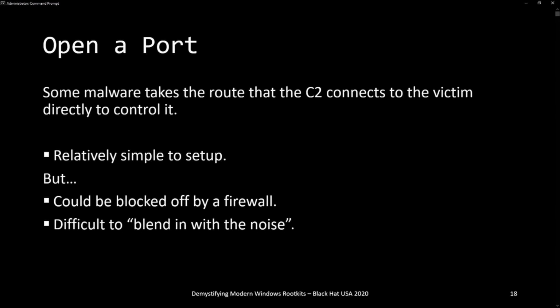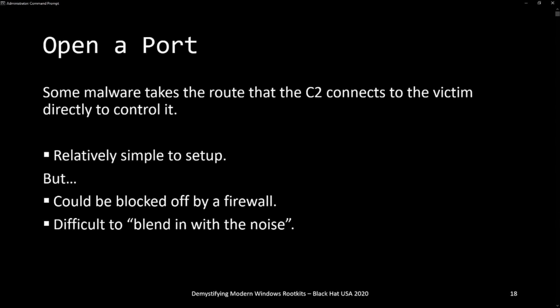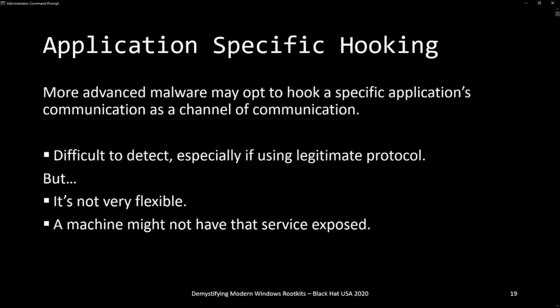Another option is just to open a port on your victim machine and have the C2 connect to the victim. Now, the problem with this is that even though it's relatively simple to set up, it can be blocked by a firewall, and it can be difficult to blend in with the noise. So another option for more advanced actors I've seen is application-specific hooking.